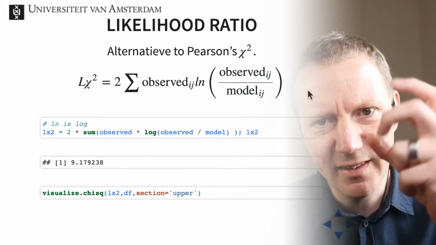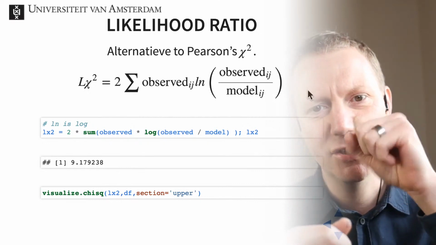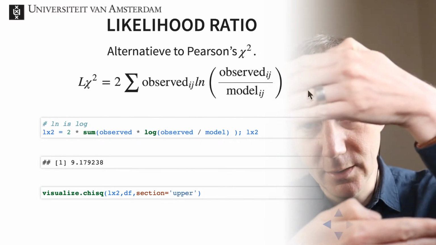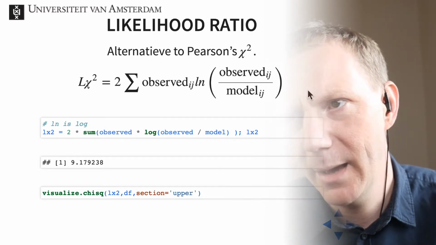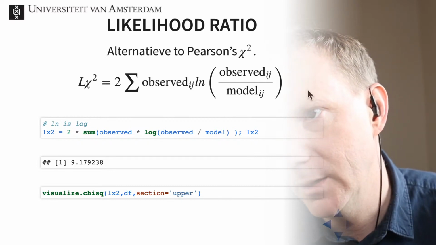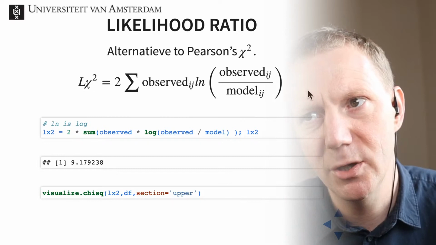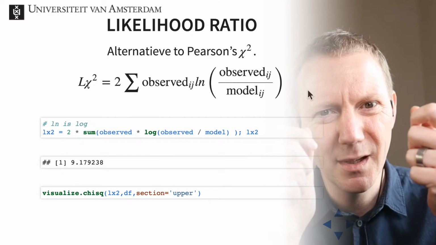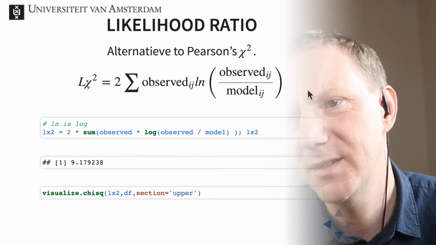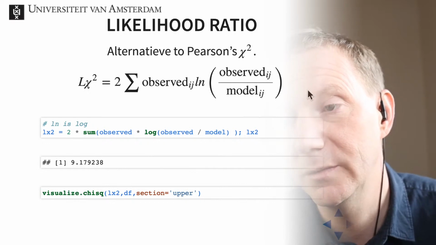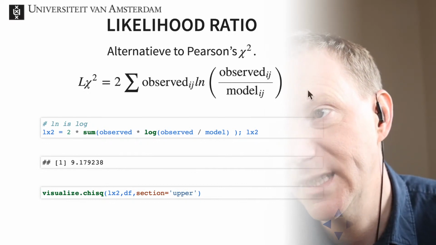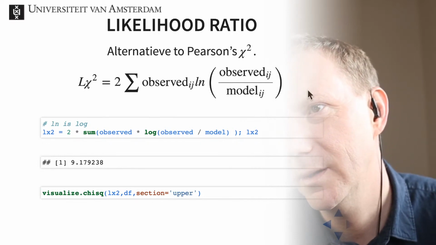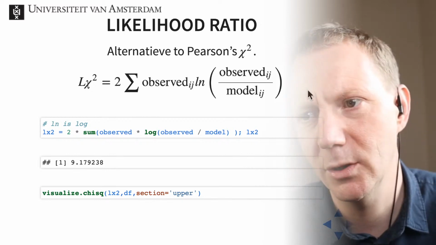So instead of subtracting the difference between what you actually found and what you would expect, you're using the ratio between them and multiplying that by the log of that ratio. So it's a different way to view the same contingency table and get to an alternative distribution. It's still chi-square distributed, but this likelihood ratio could also be used for this.